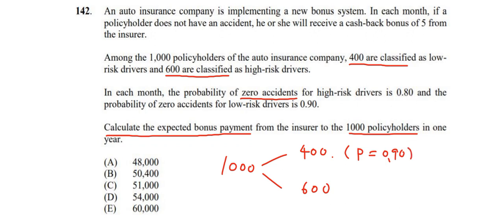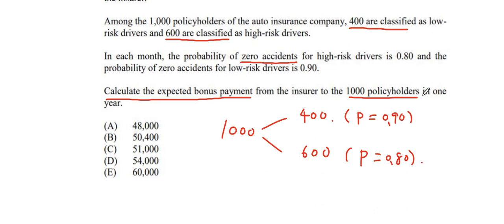And for the high risk people, the probability of no accident is 80. If there's no accident, then give them $5. So we want to find the expected bonus payment.